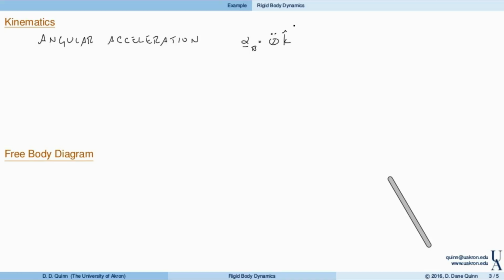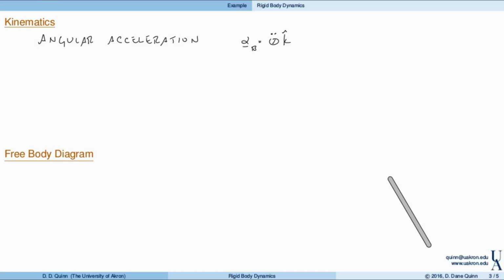Right, so the direction that is perpendicular to the plane of the paper or the computer screen or whatever it is you're watching this on. And now I need to find the acceleration of the mass center, because when I go to apply linear momentum balance, I need that, right? I need the acceleration of G.